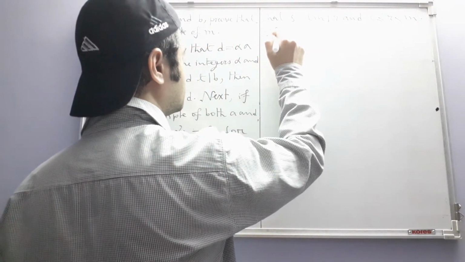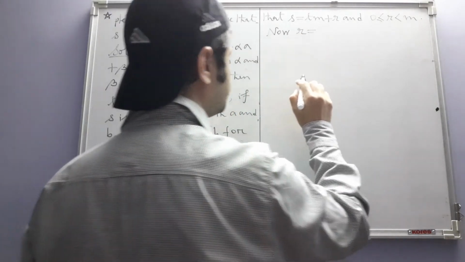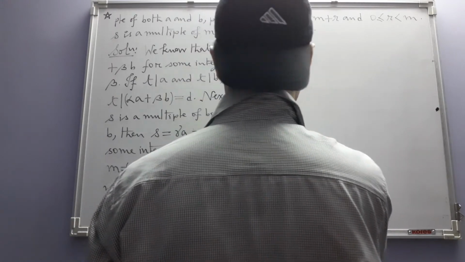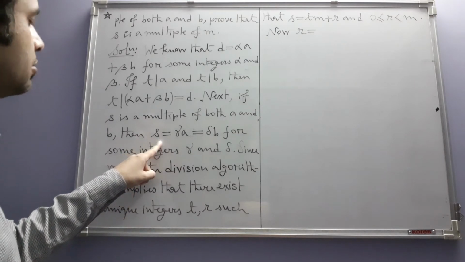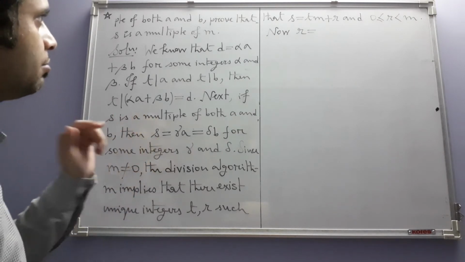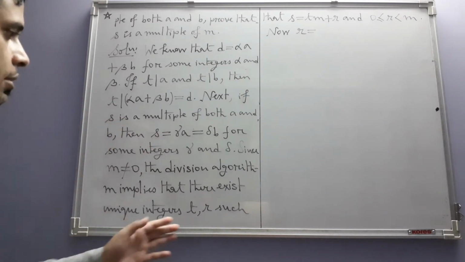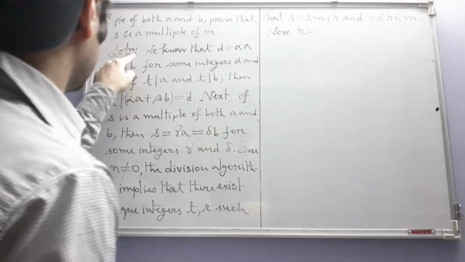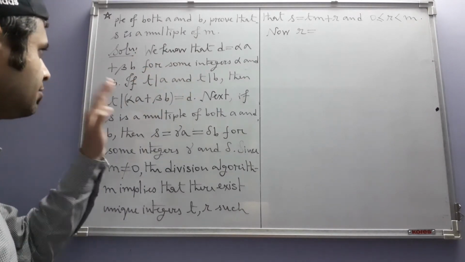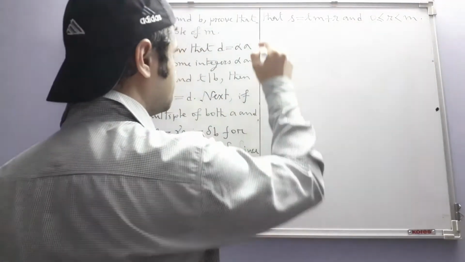Now R is equal to, we should have not only just this, but we should have written M also as a multiple of both A and B. I forgot what I have written here. Did we write anything? No, the solution starts here. We haven't written M as a multiple of A and B. So before we do anything else, let us do that.